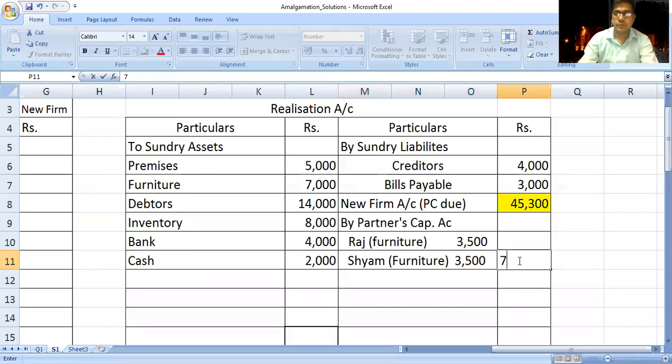Total will be considered 7,000. Now, partners capital account: the furniture's value 7,000 is distributed among the partners as per their profit sharing ratio.